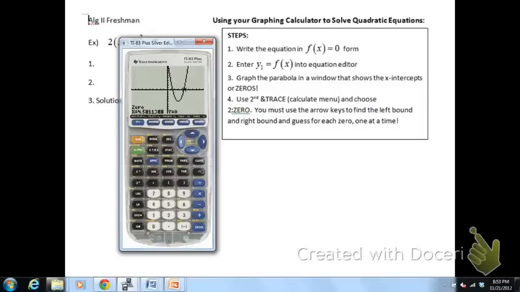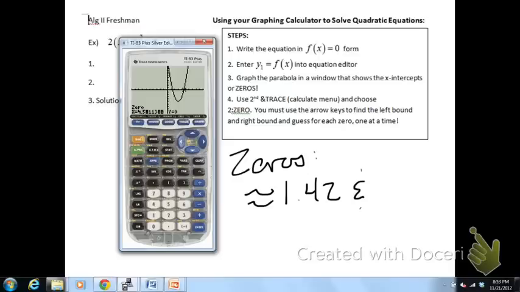So I'm going to hit enter for the third time, and I get about 4.58. That gives me a y value of 0. Therefore, my two zeros rounded are approximately 1.42 and 4.58. And we're done. The calculator has solved this equation.